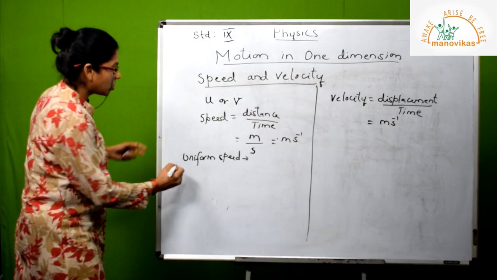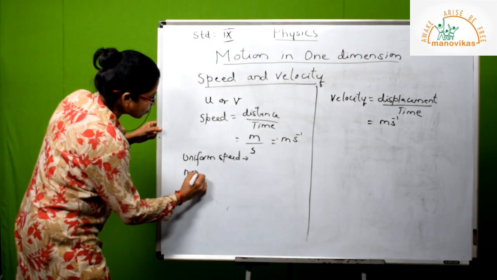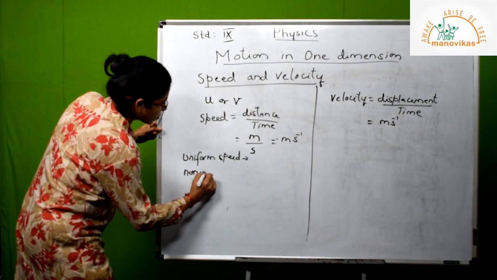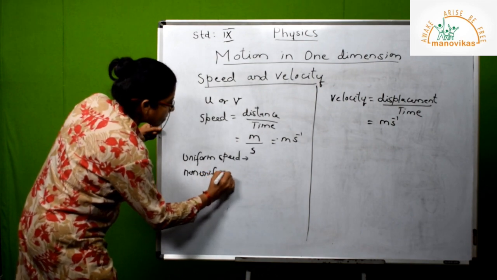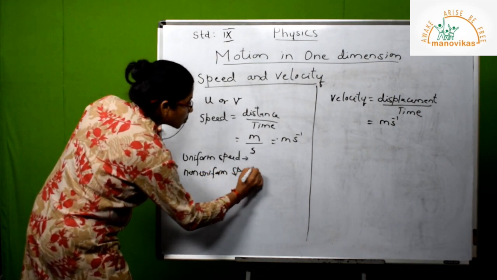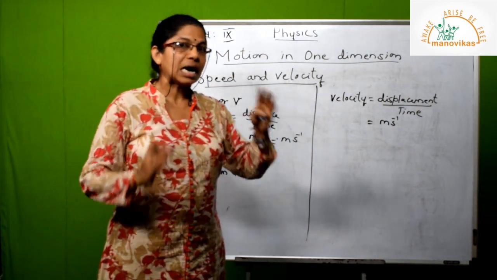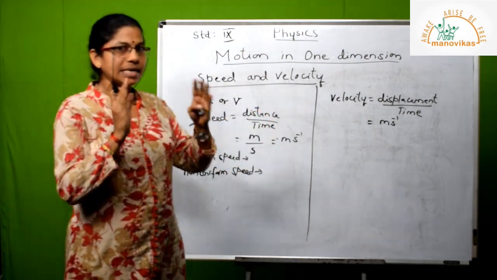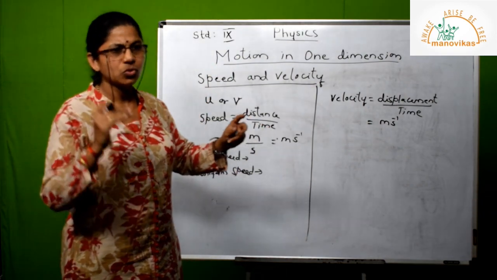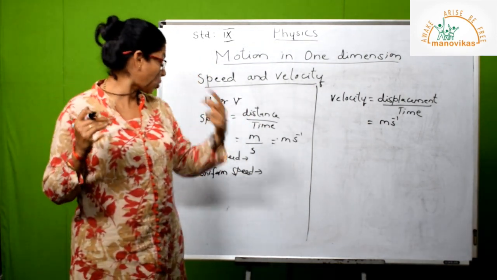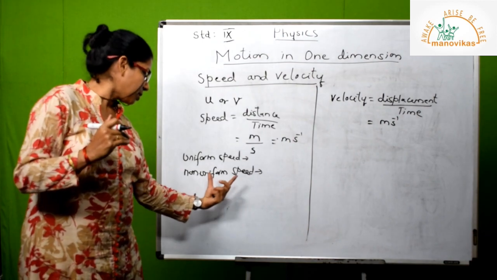Then you have non-uniform speed. What is non-uniform speed? When an object covers unequal distances in equal intervals of time, you call the speed non-uniform speed.